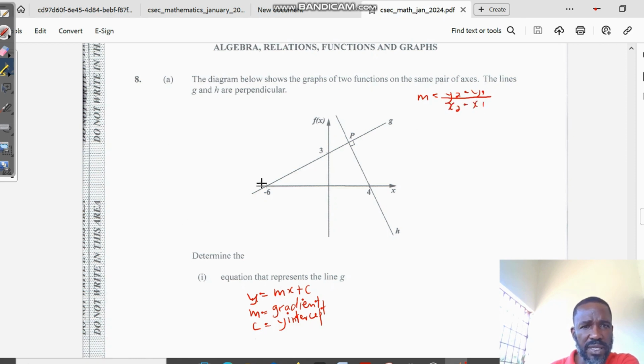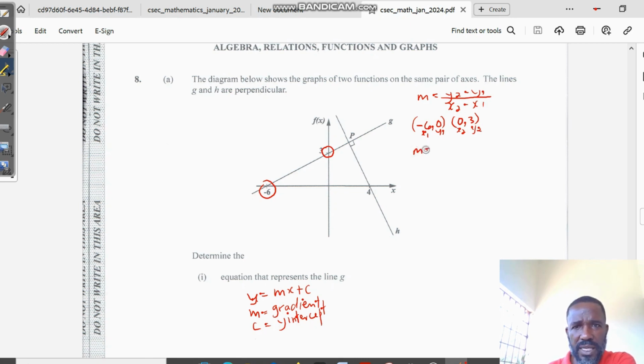The first point is -6 on the x, 0 on the y, and our second point for G is 0 on the x and 3 on the y. So let's label them x1, y1, x2, y2, and fill in the points here.